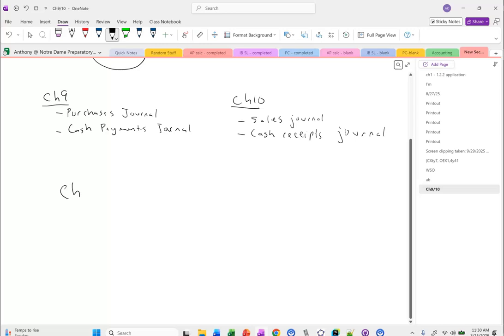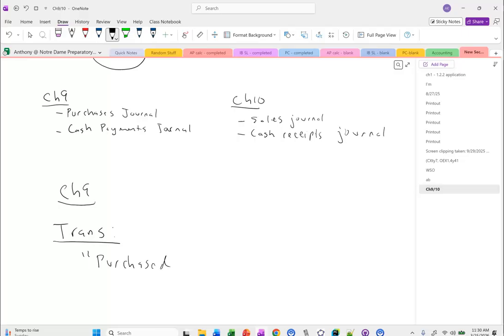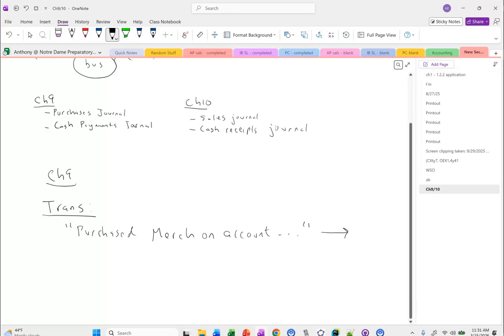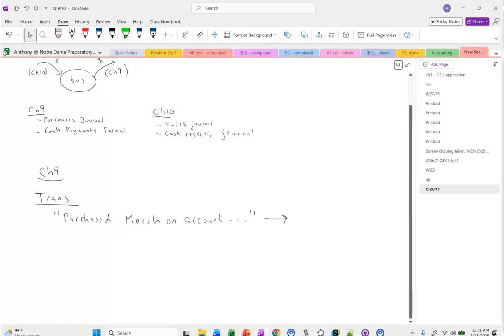So for chapter 9, if the transaction sounds like purchase some merchandise on account, and then there are some details, that's going to go into the purchases journal.